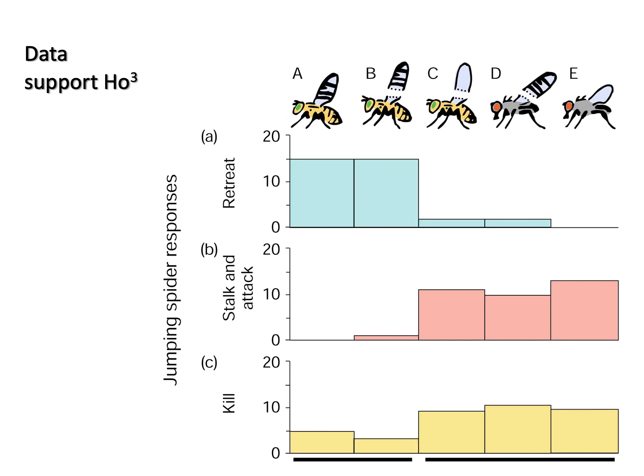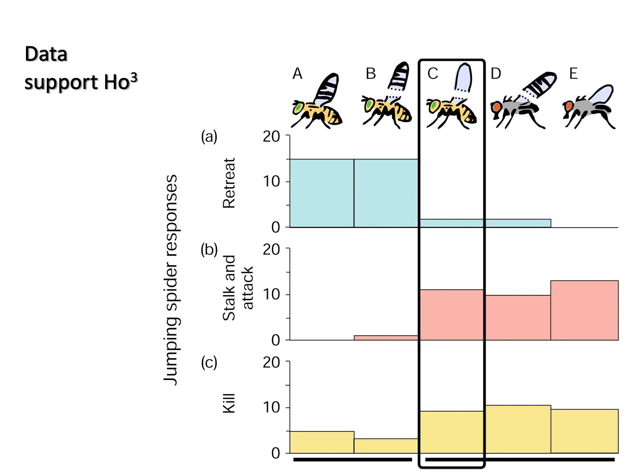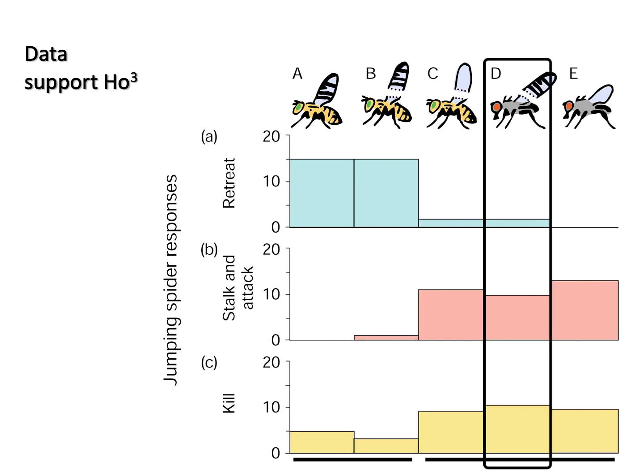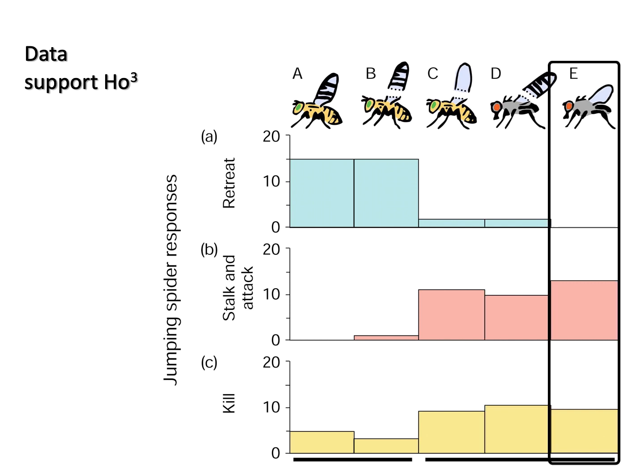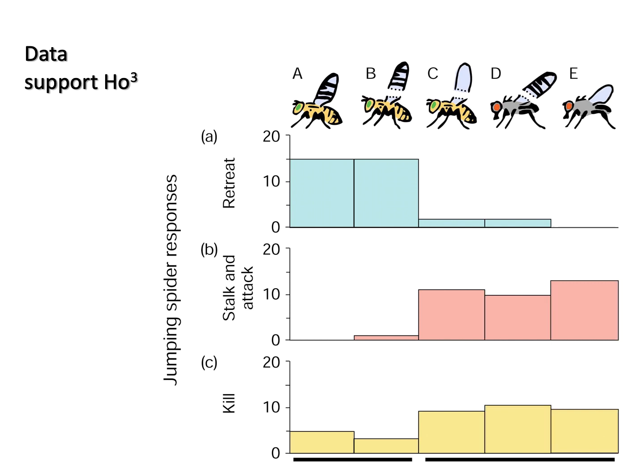All of the other treatments did not deter the jumping spider. So the fly without the spider-like wings, and the house fly with the spider-like wings attached, but it doesn't have the leg movement territorial display, and then just a housefly. So in all of the cases, the jumping spiders attacked.